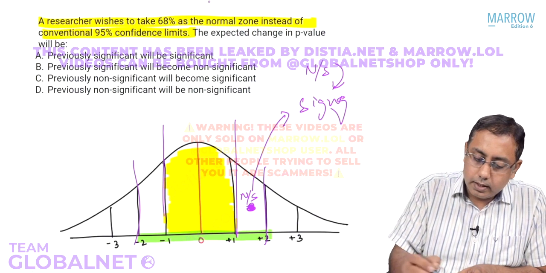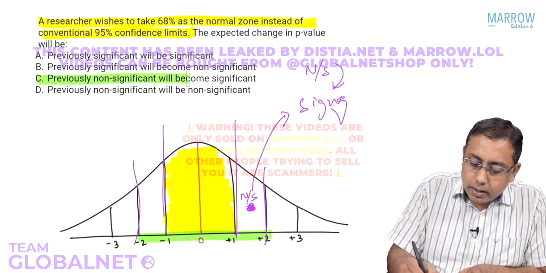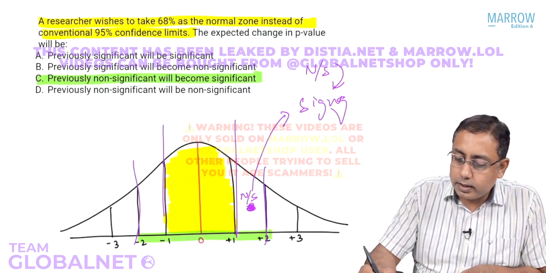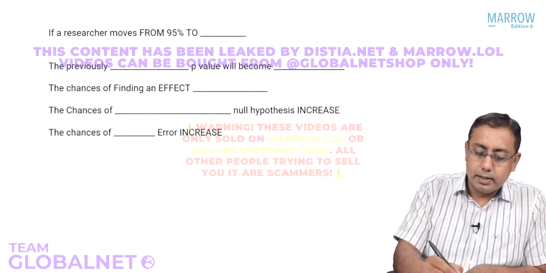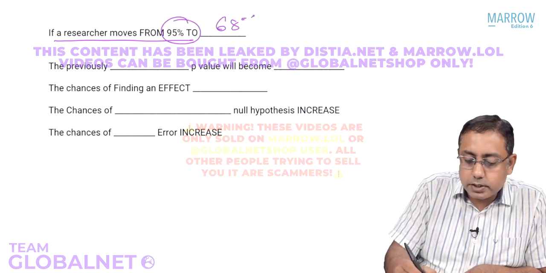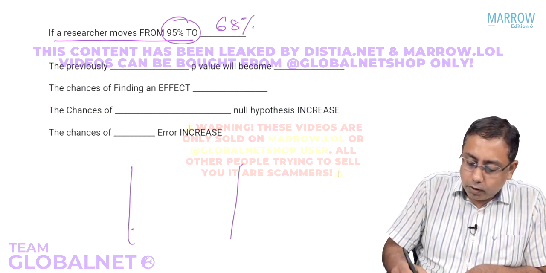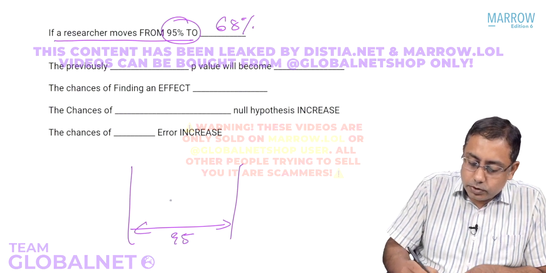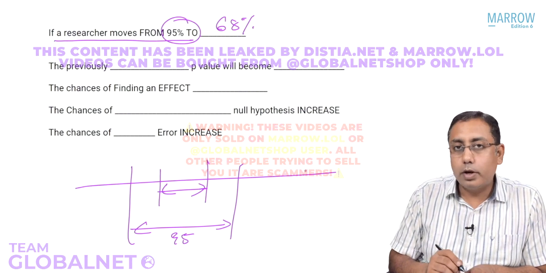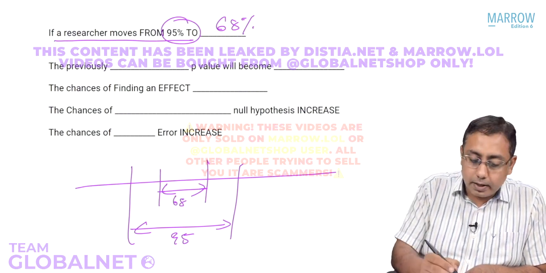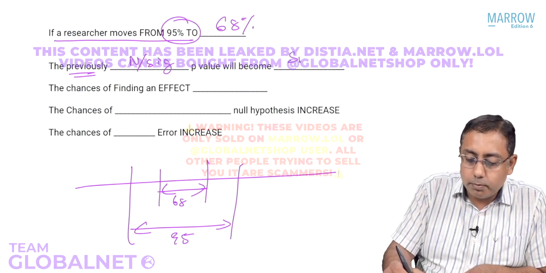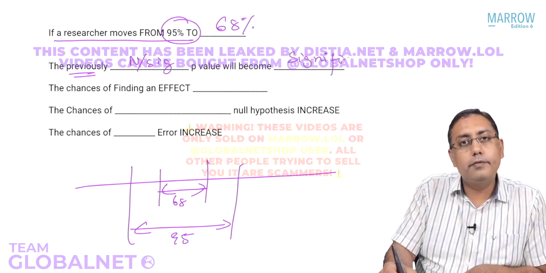Are we okay with this? If a researcher moves from 95 to 68% confidence limits, then the previously non-significant p-values will now become significant. Are we okay with this?